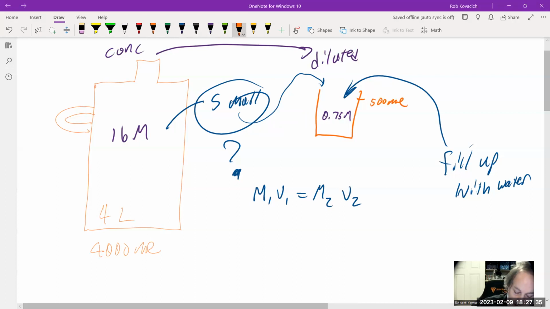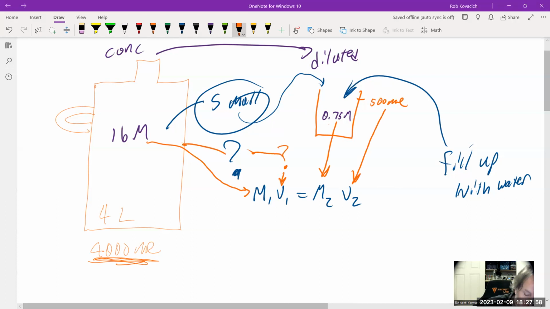Okay, so I know from the problem, I know I want 500 milliliters, and I know I want 0.75 molar. I also know I've got 16 molar. What I don't know is, I know I have this 4 liters, but I'm not going to use all 4 liters. So the question is, how much of this stuff do I need?